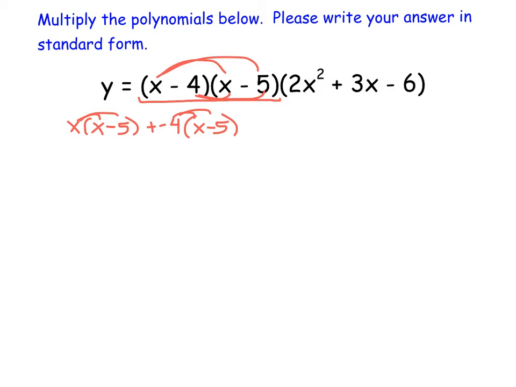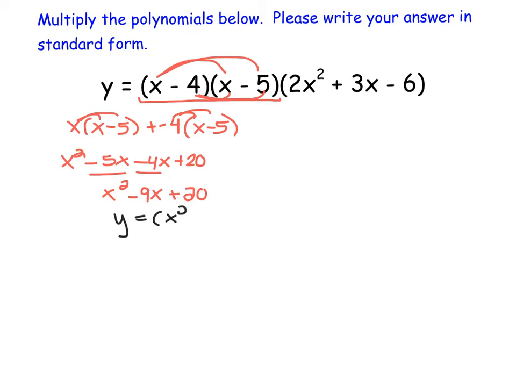So regardless of which strategy you pick, you end up with x squared minus 5x minus 4x plus 20. And then we combine those like terms that we see together, and we end up with x squared minus 9x plus 20.